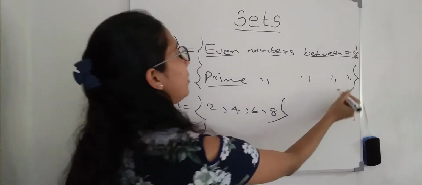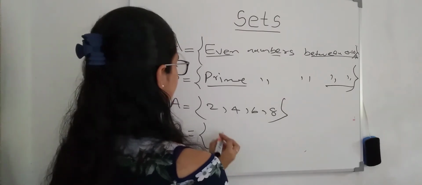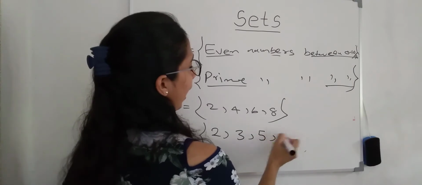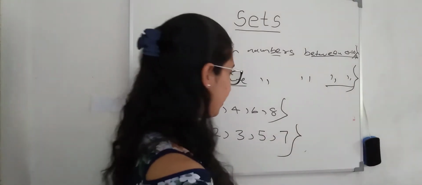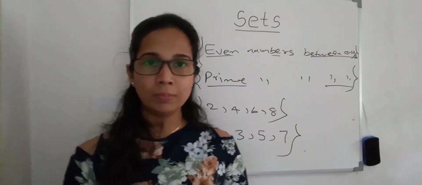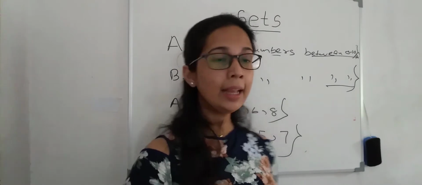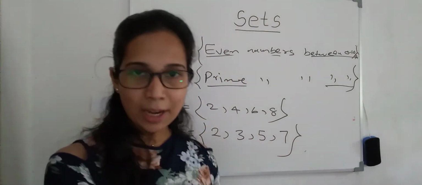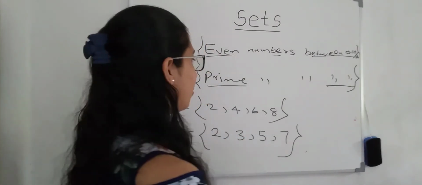Prime numbers between 0 and 10. So what are the elements of the set B? Prime numbers 2, 3, 5 and 7. That's all. So are the elements same? No, elements are not same. But can you see here, numbers of the elements in the set A and set B are same. Can you see that? Yes, of course.